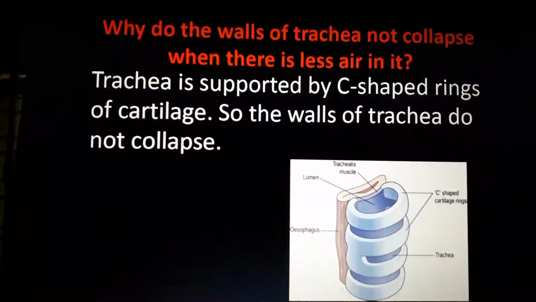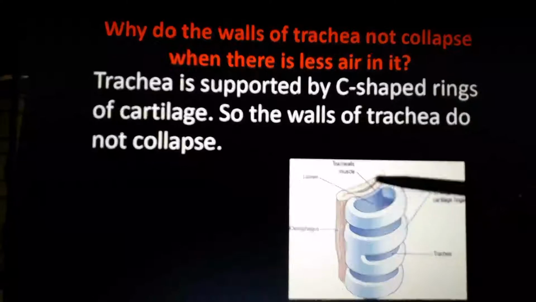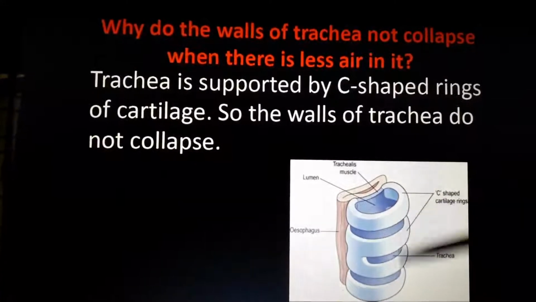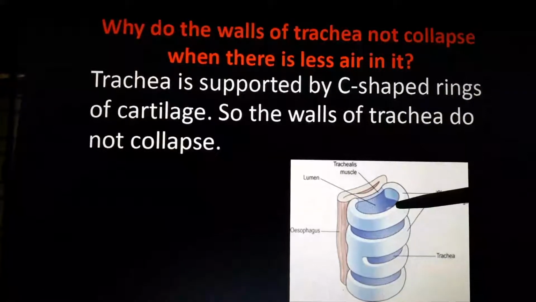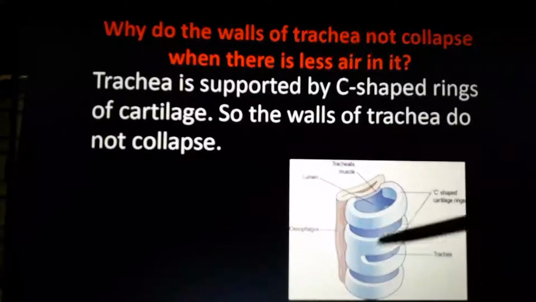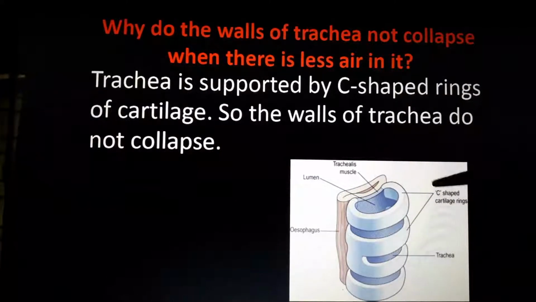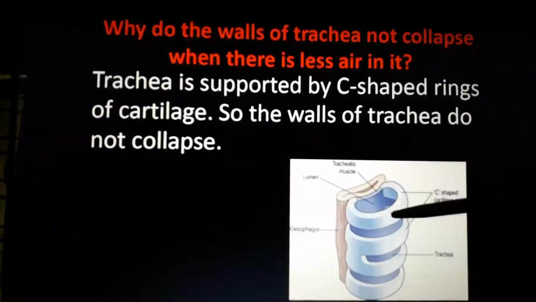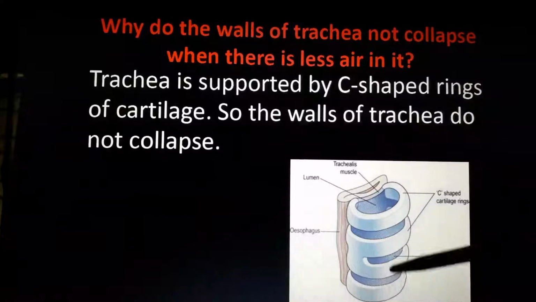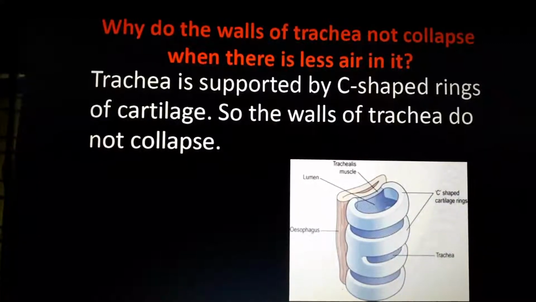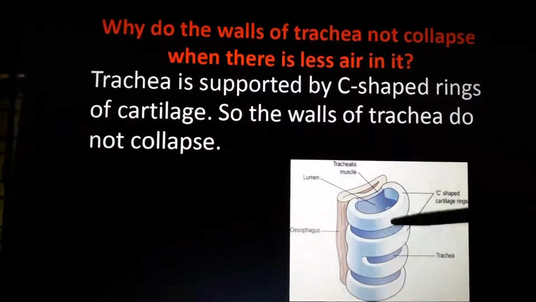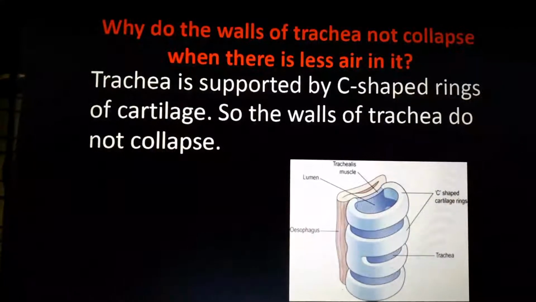Any idea? This one. Two pipes are there. One is this, our trachea. Understand? The trachea is mostly solid. These C-shaped cartilage rings are solid. But inside, a small layer you can see, actually that is our windpipe. It is being given stability by this type of rings.